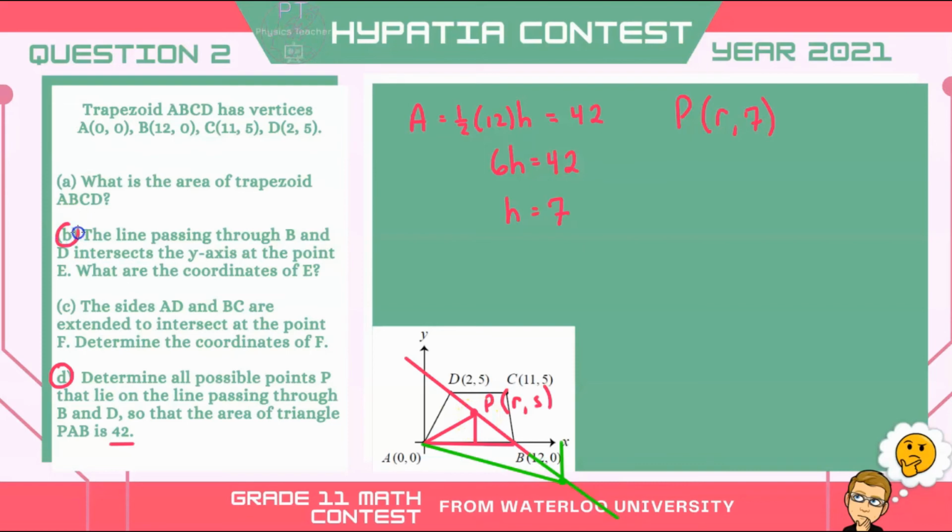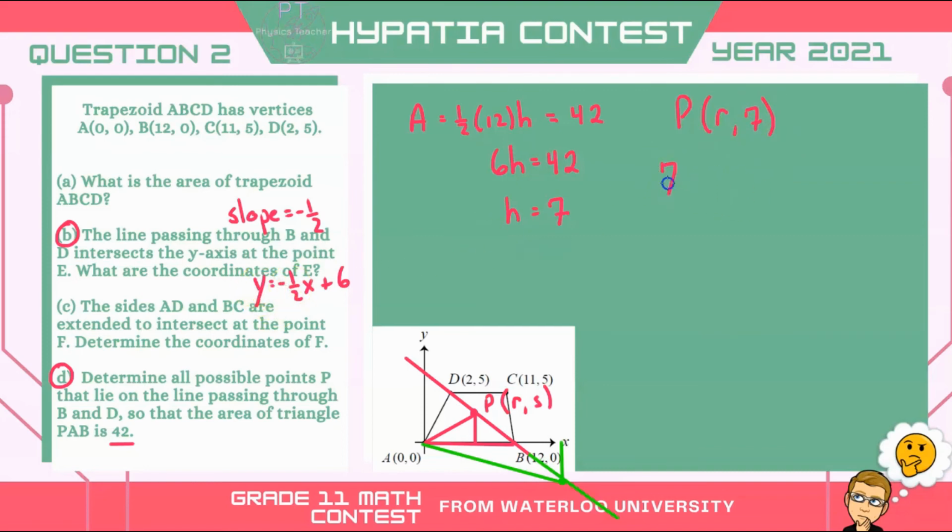Now from question B, we learned that line BD has a slope of -1/2 and an equation of y equals minus 1/2 x plus 6. So since P lies on this line, and we know what the y-coordinate is, we can simply substitute that y-coordinate in for y.